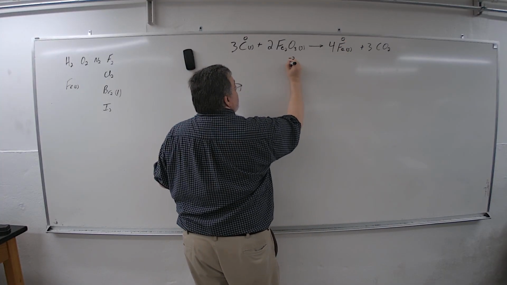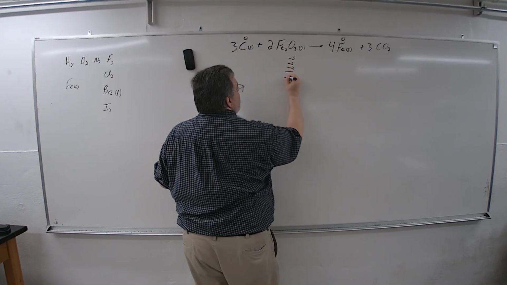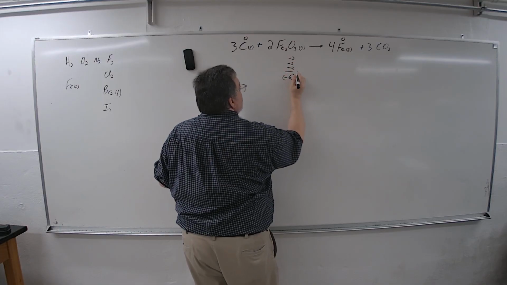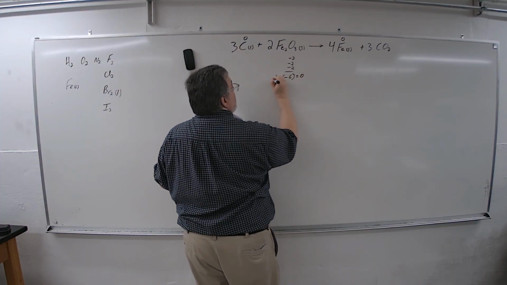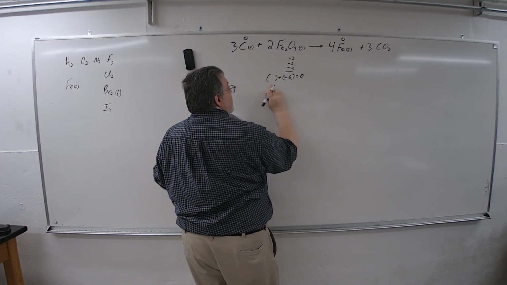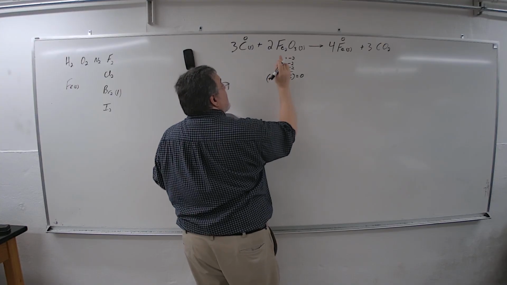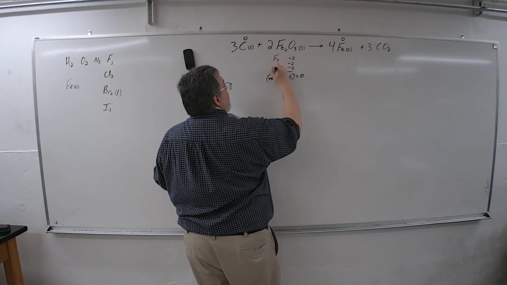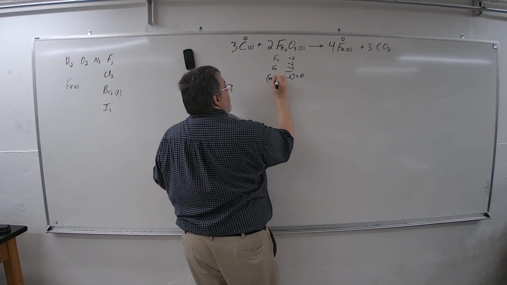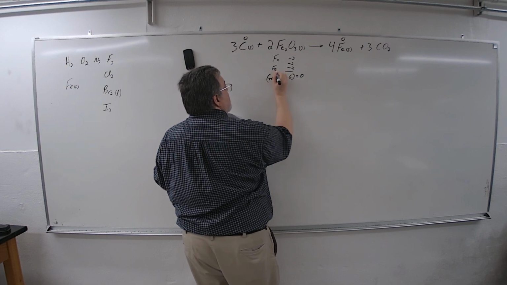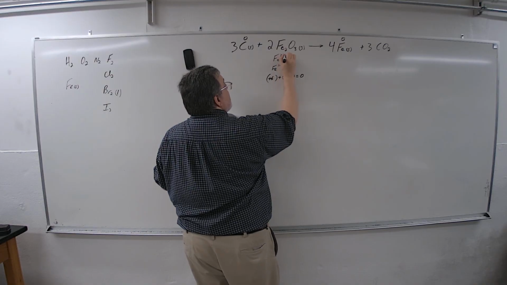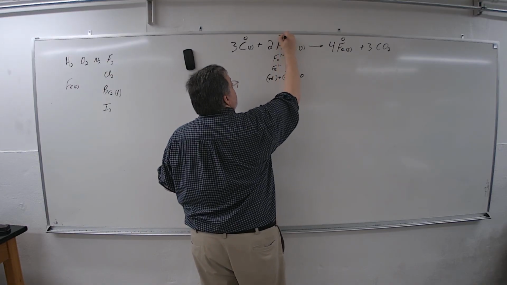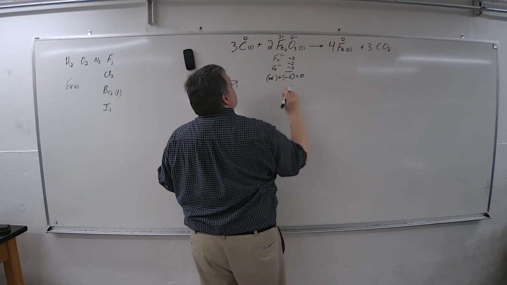Oxygen, so -2, -2, -2. It's a total of -6. There's no charge here, so I'm going to say equals 0. So for this to work, this has to be +6. There's 2 irons there. So if I'm going to split that +6 among 2 irons, I'm going to have to make them both 3 plus. So this one is 3 plus, and this is 2 minus for oxygen.